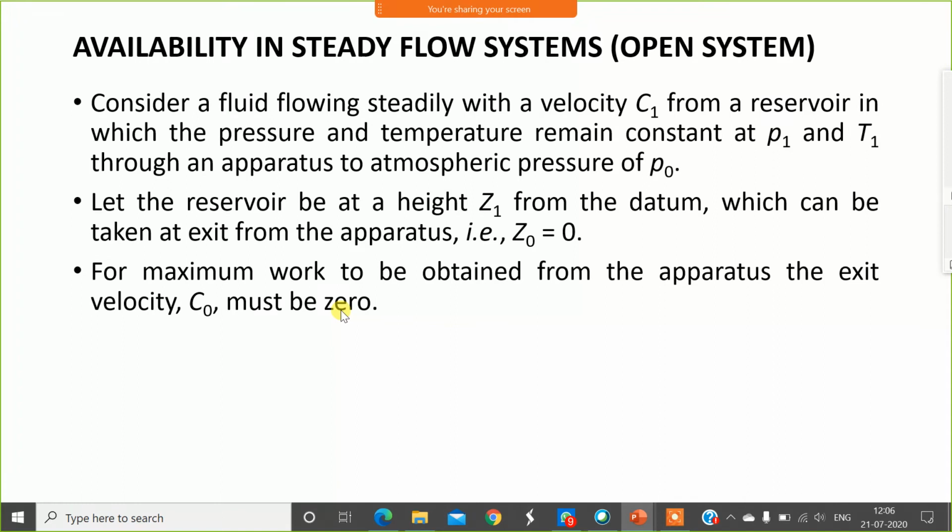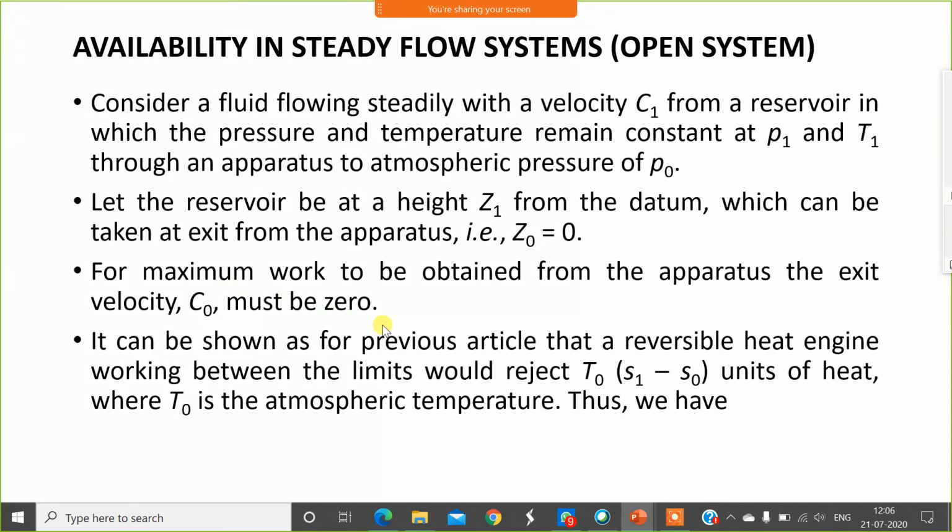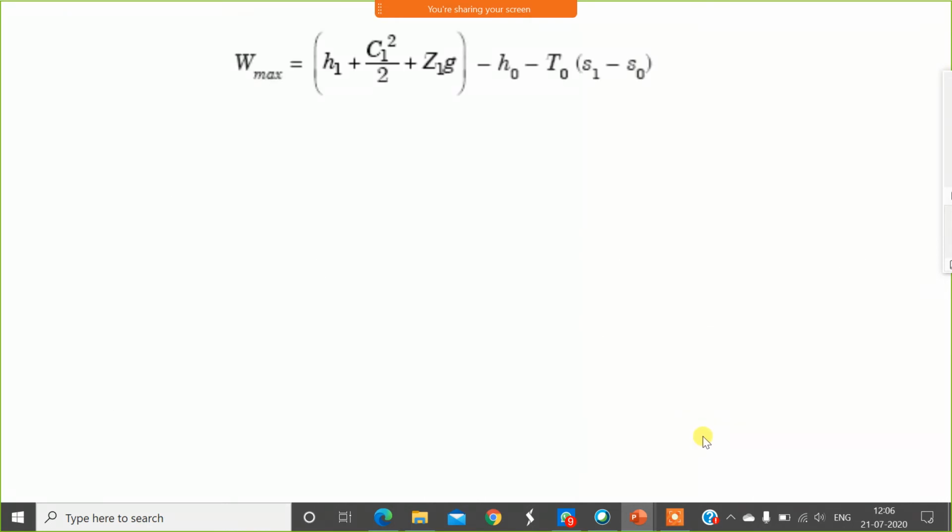It can be shown from a previous article that a reversible heat engine working between the limits would reject T0 (S1 minus S0) units of heat, where T0 is the atmospheric temperature. Thus we have maximum work done for the flow process.